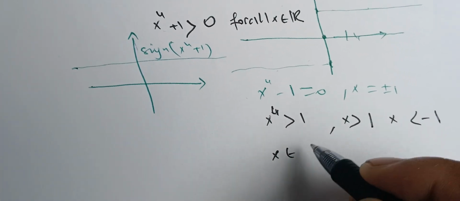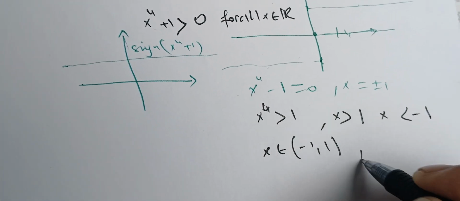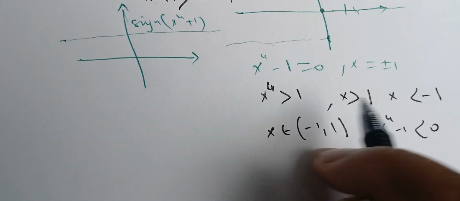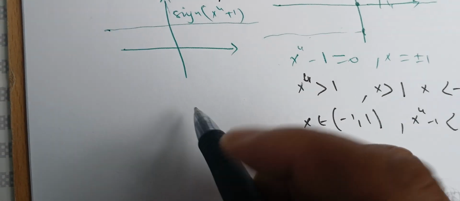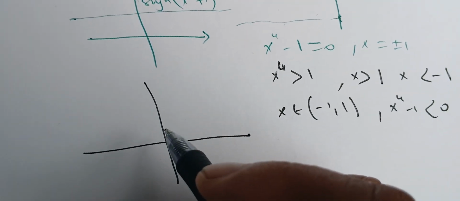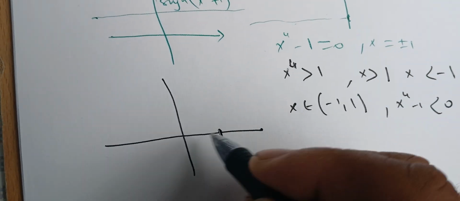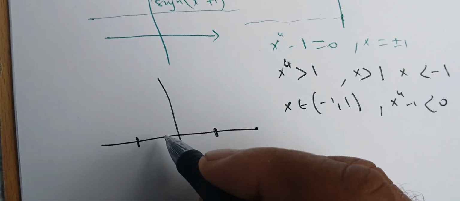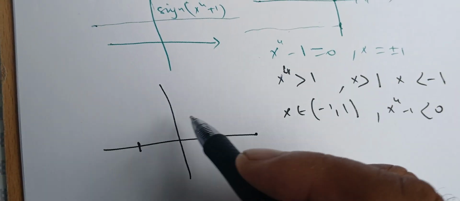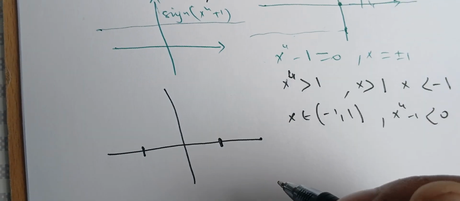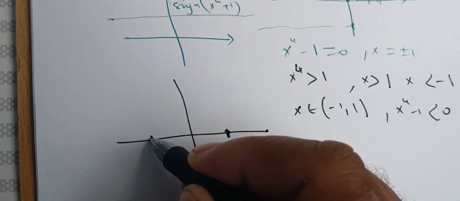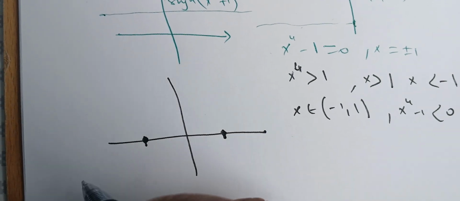If x is in this interval, minus 1 to 1, x to the power 4 minus 1 is less than 0. So here we get all the results that we need to graph the sign of x to the power 4 minus 1. We said when x is 1 or minus 1, the function is 0.